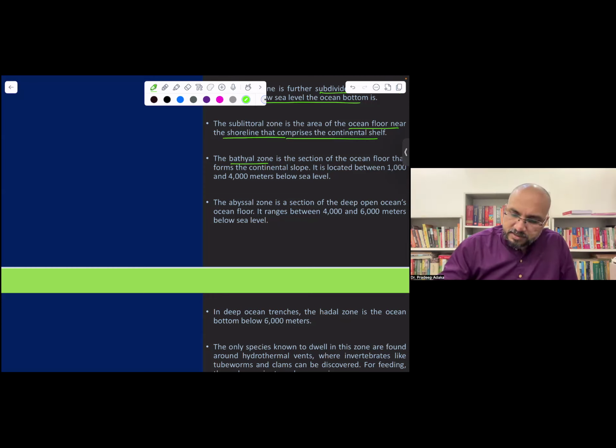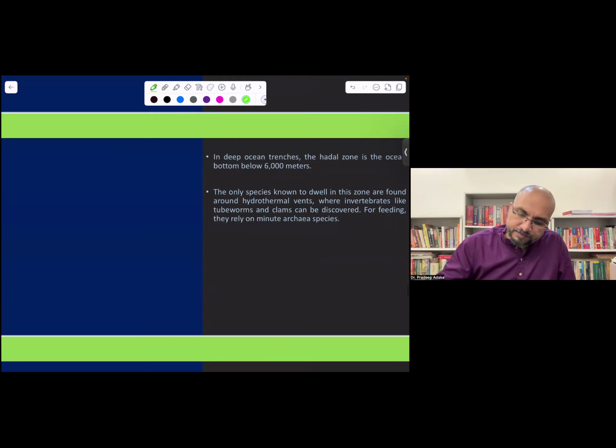Bathyal zone is ocean floor that forms the continental slope. Abyssal zone is the deep ocean floor at 4,000 to 6,000 meters level, and your hadal zone is the oceanic trenches below 6,000 meters.